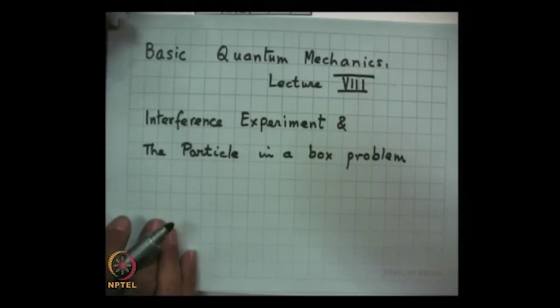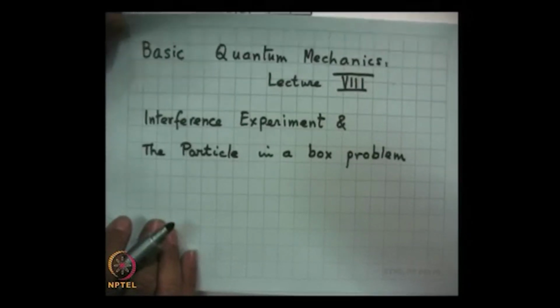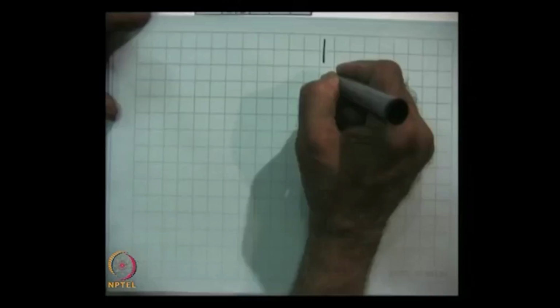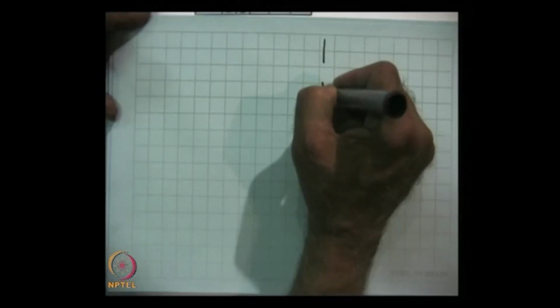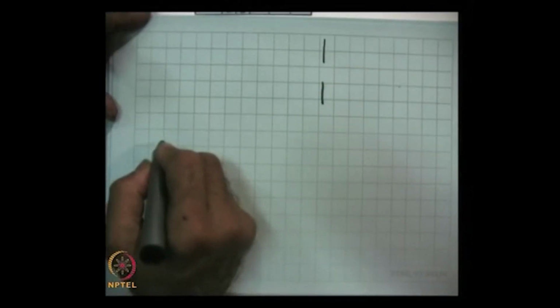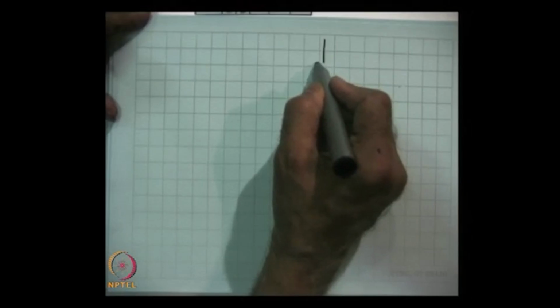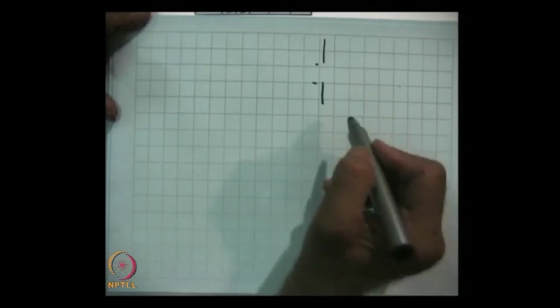In our last lecture, we considered the single slit diffraction experiment. In that experiment, we assumed that there was a slit of width b, and so the electron was described by a wave function which was constant in this region.